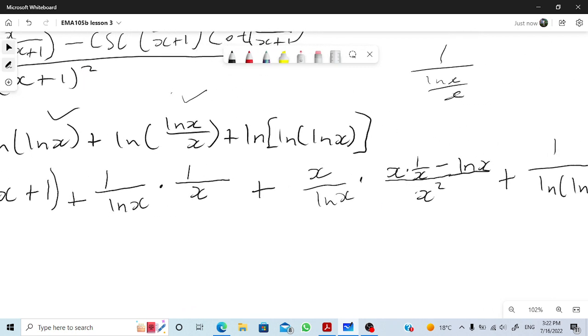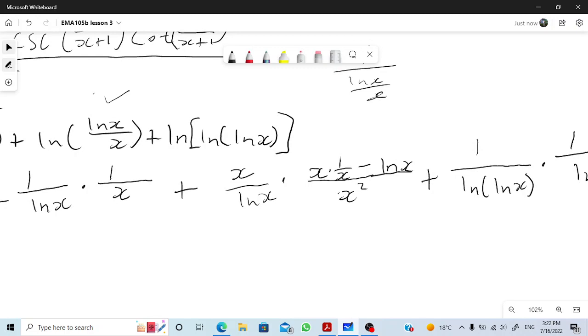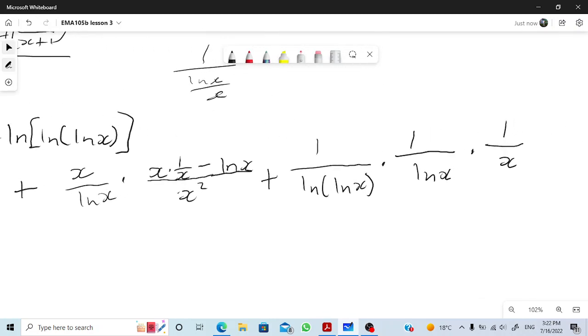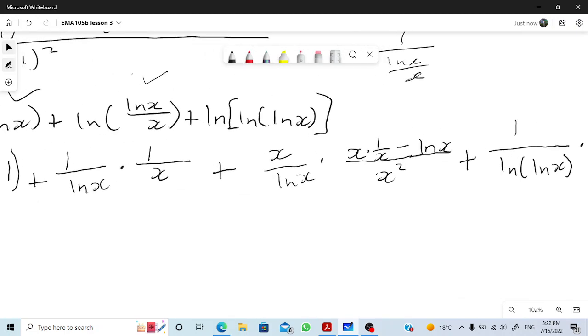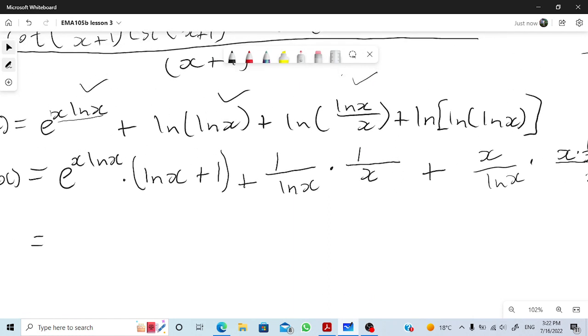Here my denominator is also x ln x, because this x will cancel one x here. Then this doesn't have a shared denominator. So what I'm going to do is make a very big fraction. So it's x ln x.